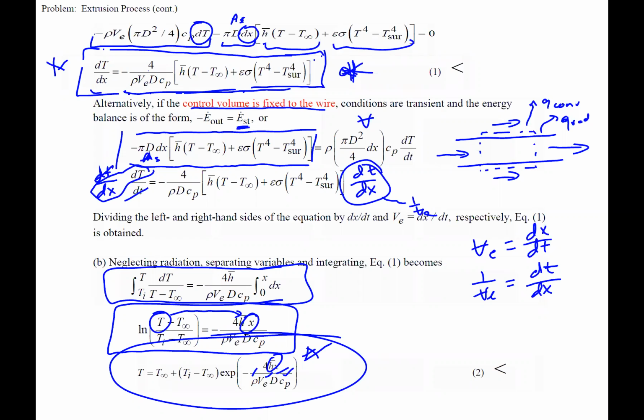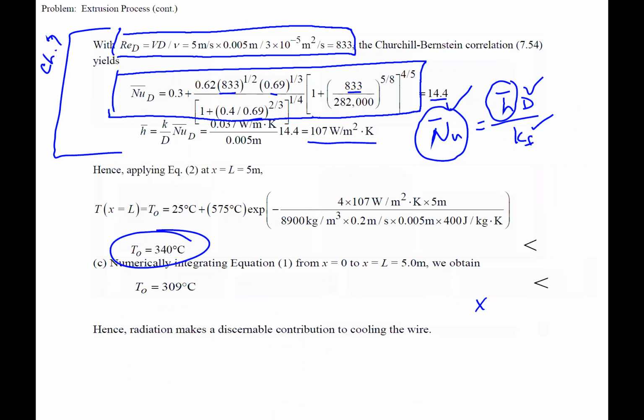So do a numerical approximation and step through your distance, where you have x and you have T. You start off at 600, and then you go to 0.1, and then you have, say, 590, and basically you step through it until you get to 5, and you get 309 with the numerical integration.